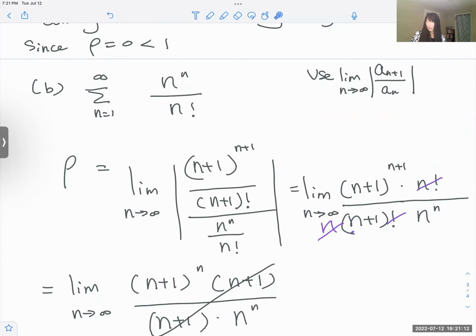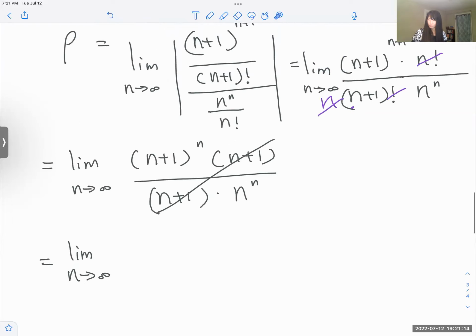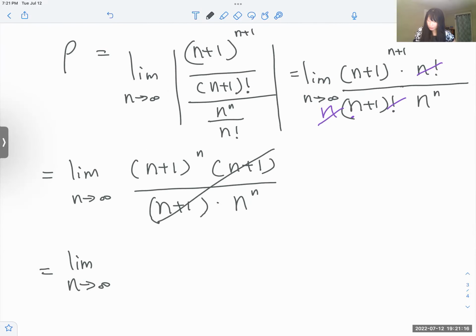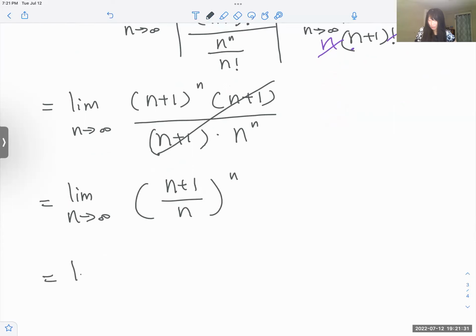Then we get, look, we have n power. So we write down n plus 1 over n to the n power. Then this one looks like this. We simplify, so it's 1 plus 1 over n to the n. It's okay?